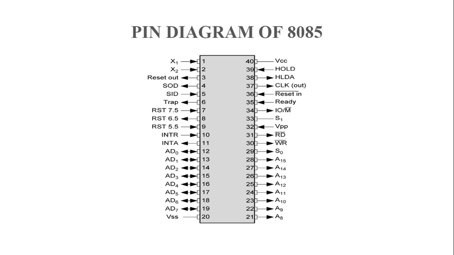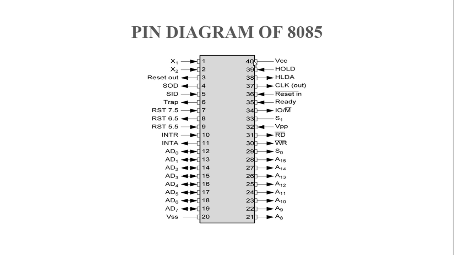These clock signals for driving the digital ICs are generated by using the clock out pin. The digital ICs connected with the microprocessor 8085 require clock signals to drive them, and those clock signals are generated by using the clock out pin.